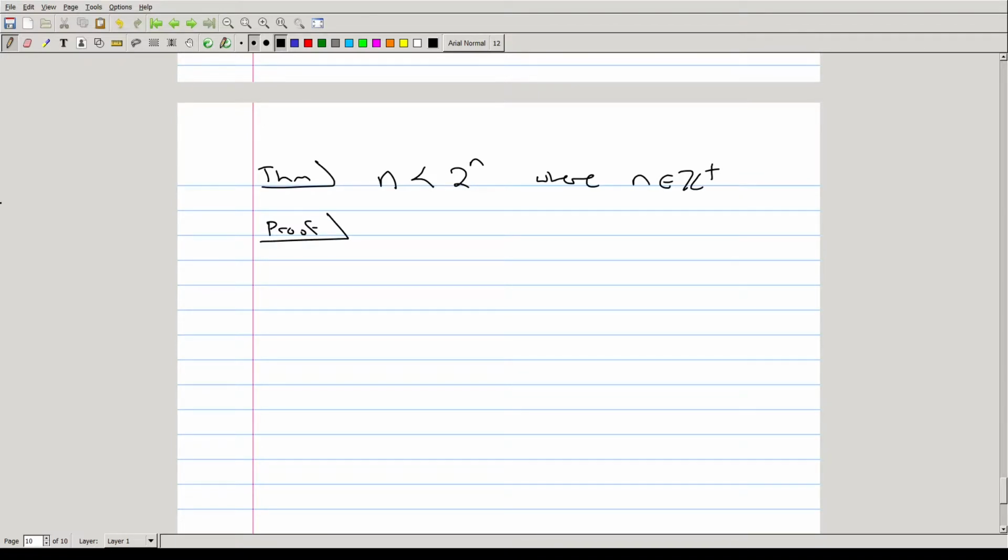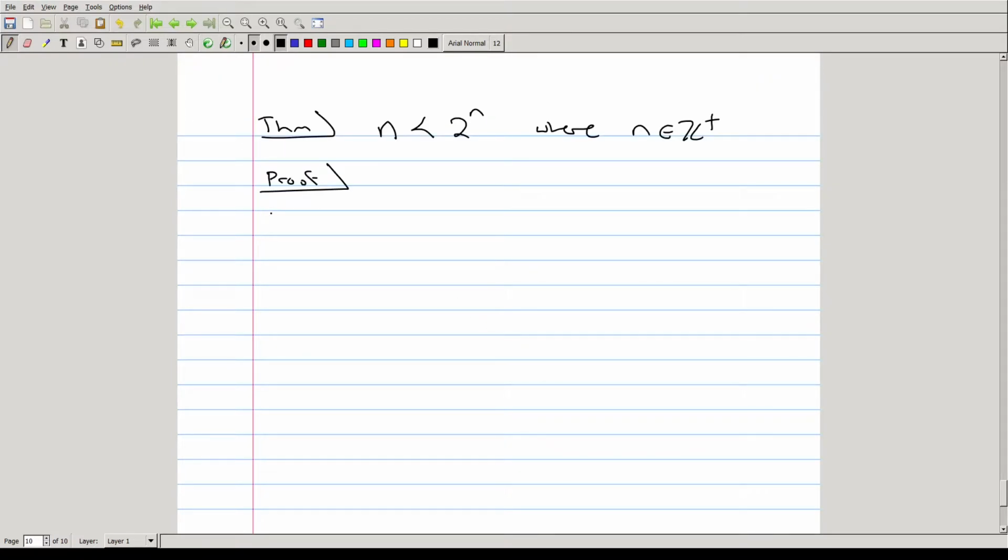And the proof of this is relatively straightforward. We can use the inequality.